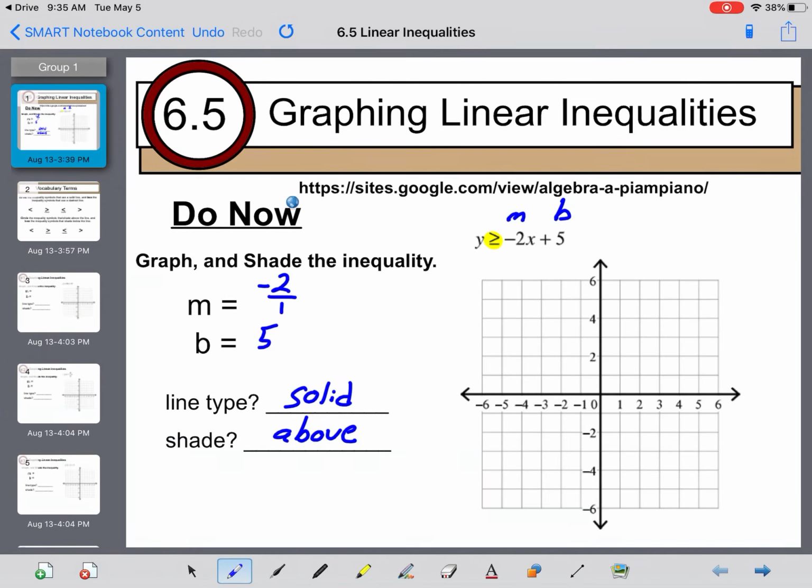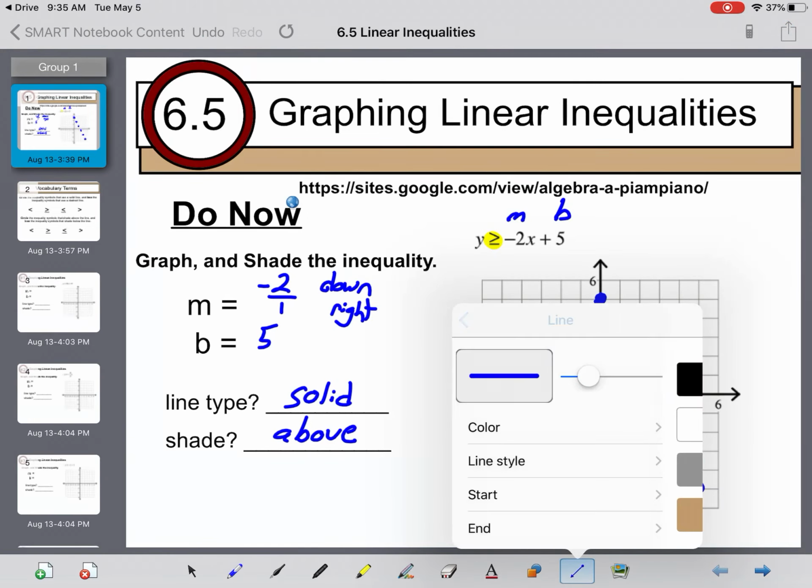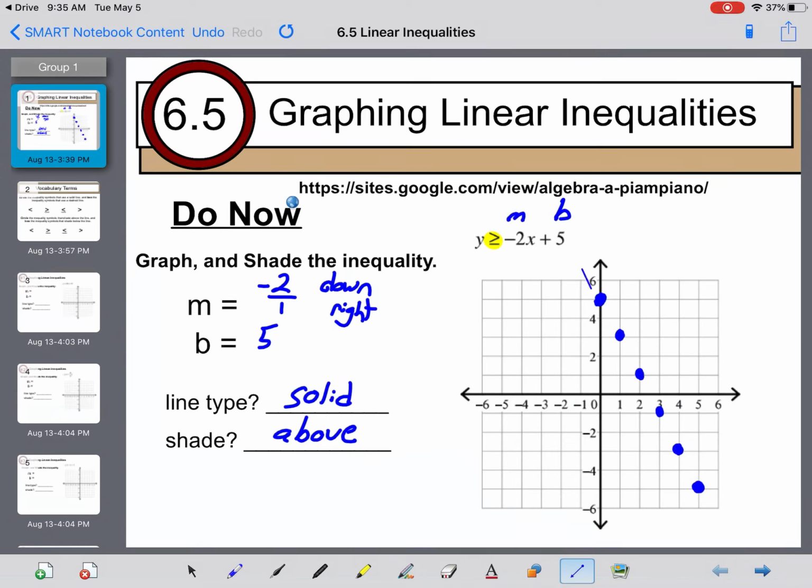So all we have to do, plot the point at 5, which is our y-intercept, and our slope is down 2 and to the right 1. You follow that pattern all the way through. When you run out of room, if we can go up and to the left, we would follow that too. Now we need a solid line.